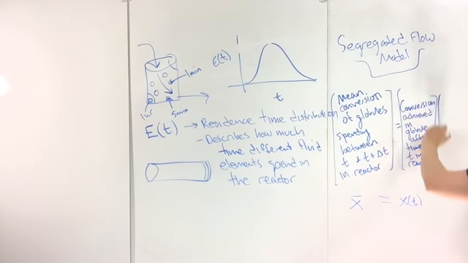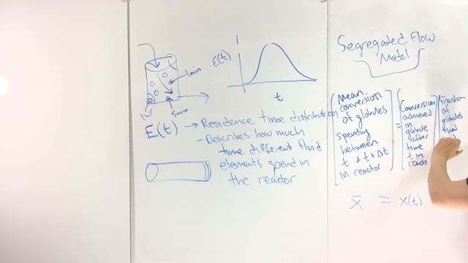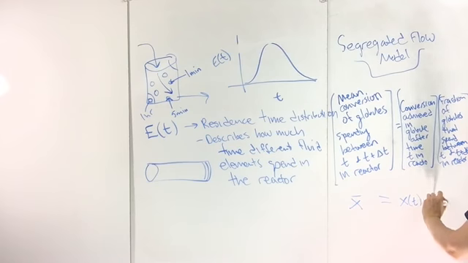This is multiplied by the fraction of globules that spend between t and t plus dt in the reactor. In other words, it is multiplied by E of t dt.